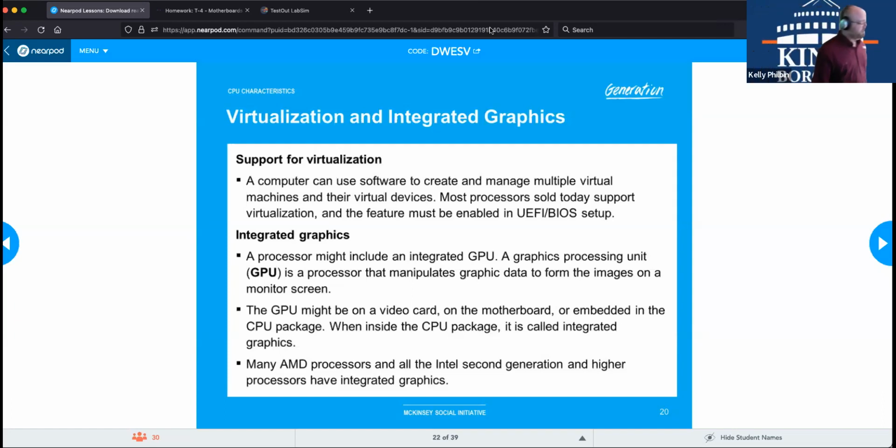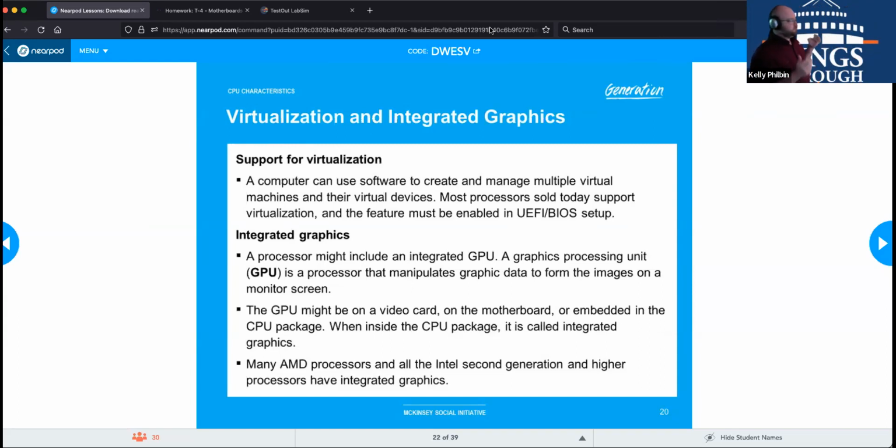Remember how we were talking about the motherboard? Over time, the goal is to move things closer and closer to the CPU and eventually integrate them into the CPU, because that increases your processing speed and abilities. So instead of being add-ons, eventually they're built into the motherboard, and then eventually we try to move them into the central processor.